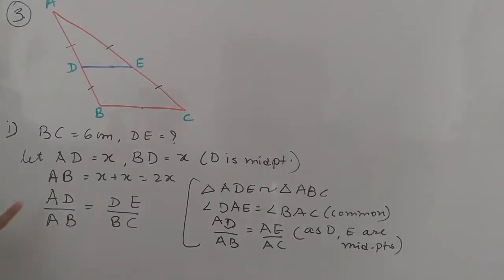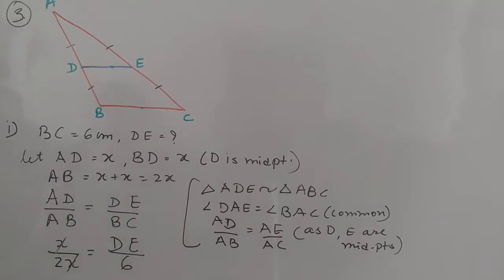So now we can write the ratio AD upon AB is equal to DE upon BC, as triangle ADE and ABC are similar to each other. So the corresponding sides' ratios are the same. Now I substitute the values. AD I have taken x and AB is 2x, is equal to DE, which we want to find out, and BC is given as 6 here.